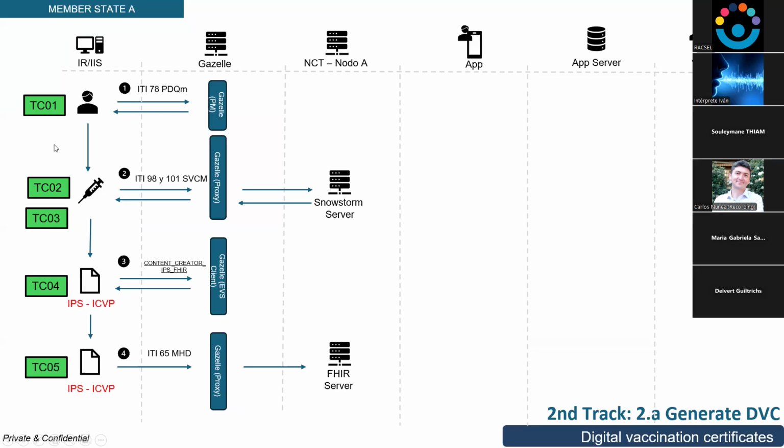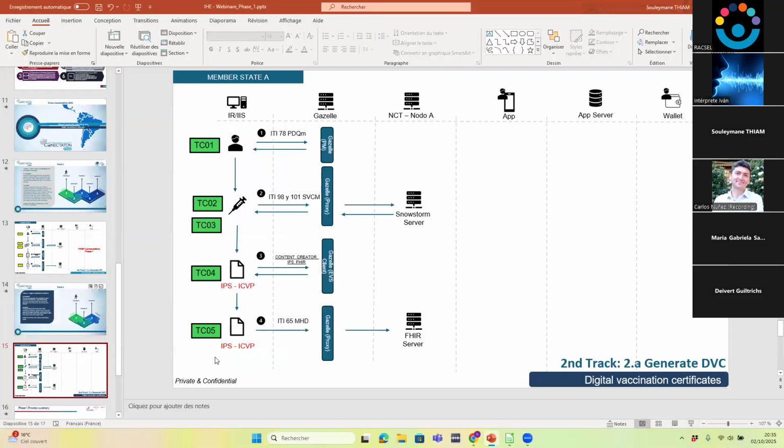So now the only difference from track 1 is that in track 1 you build the IPS LAC, and on track 2 you build the IPS ICVP. You build the IPS ICVP, and the process will be the same. You need to go to the EVS client, find the validator, and perform the validation of the IPS.